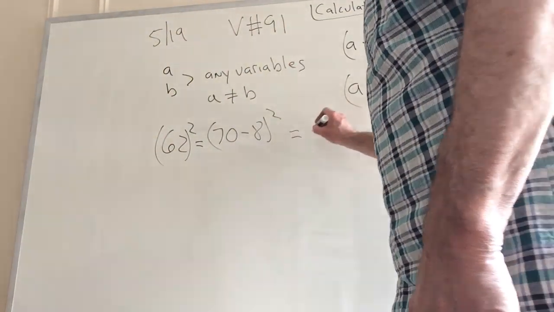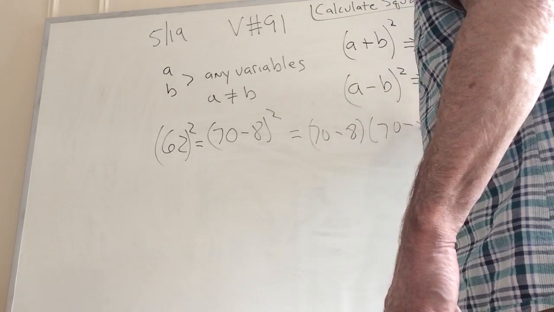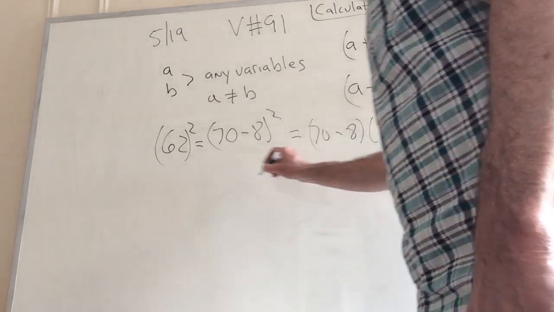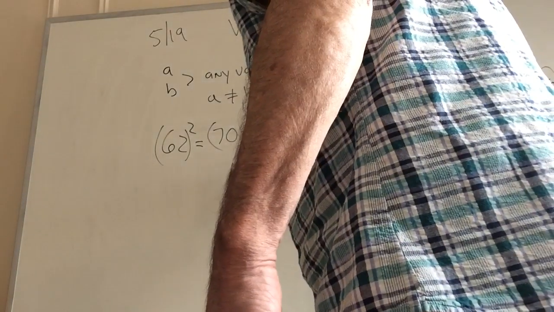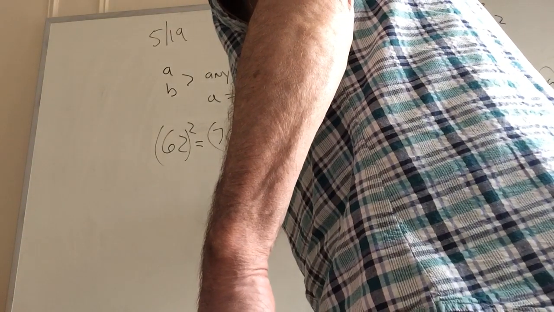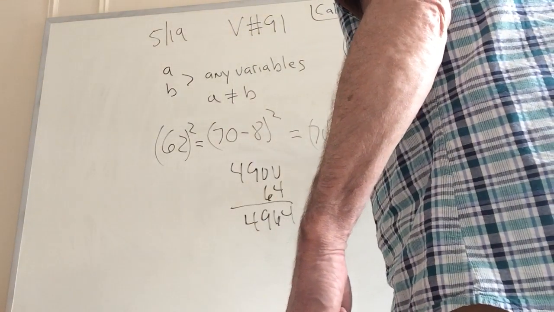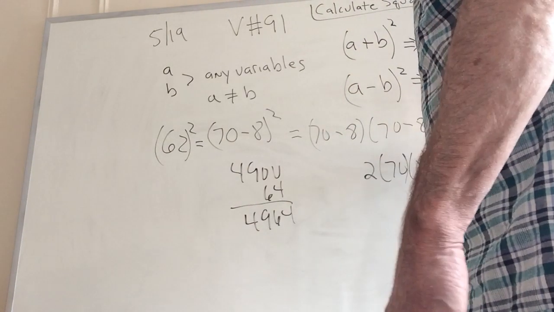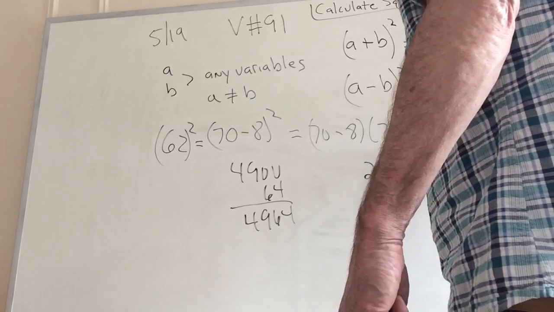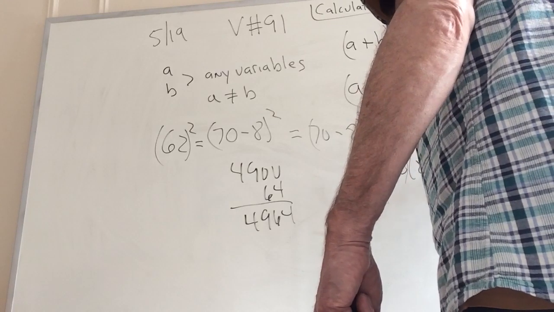And then again, you can figure this out on your own. That would be 70 minus 8 times 70 minus 8, and we'd end up with 4,900 plus 64, and we'll add those together, 4,964, and then we'll subtract 2 times 7 times 8, and let's see what we get, 560, and 560 times 2, you know, it's always more work when the numbers are bigger.